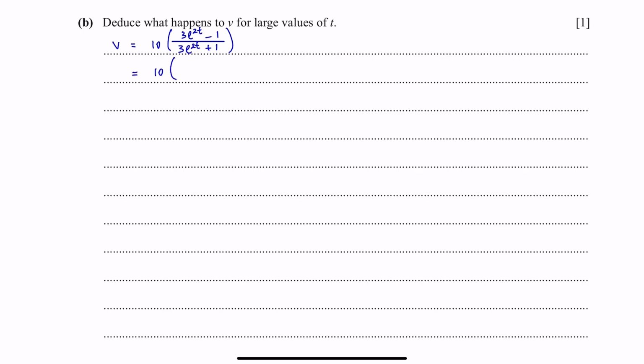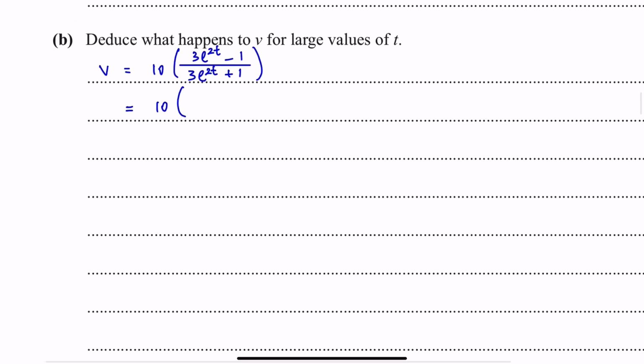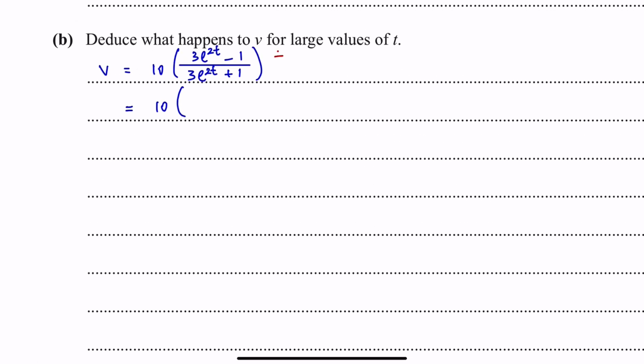What we're going to do here is divide the upper part by e to the 2t and divide the lower part by e to the 2t as well. So we end up getting 10 times 3 minus e to the negative 2t over 3 plus e to the negative 2t.